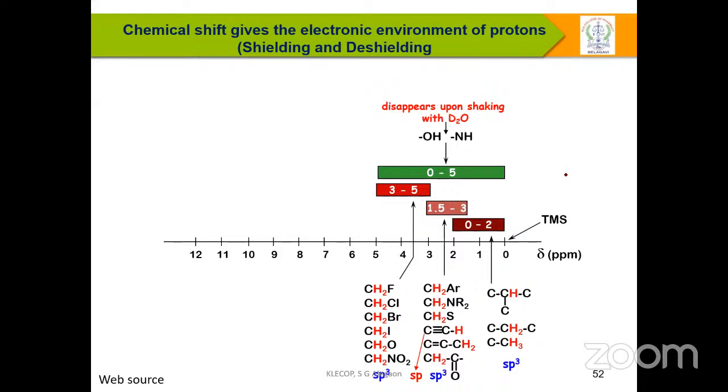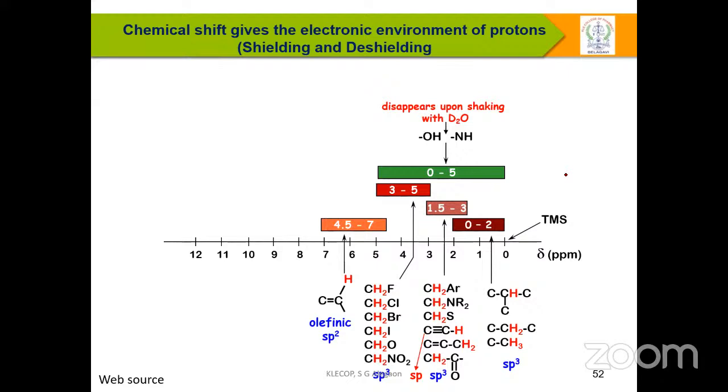Once again, my dear participants, this is not a fixed rule, and I'm going to give you most of the examples in the practical. Under standard conditions we get 0 to 5, but most of the time with heterocyclic compounds, NH and OH appear in a different form.